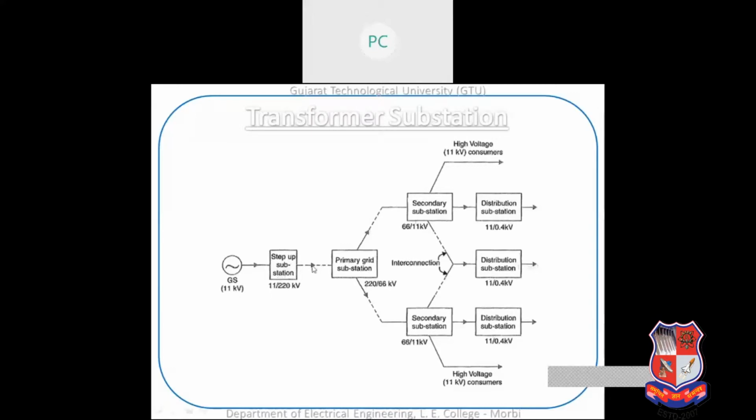Next, this 220 kV is given to the primary grid substation. Now what happens here: at this point we are again changing the voltage level. We are converting this 220 kV into 66 kV, so we are stepping down the voltage to 66 kV. This is known as the primary grid substation.